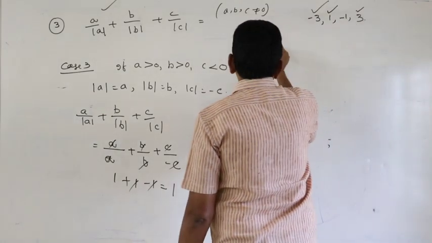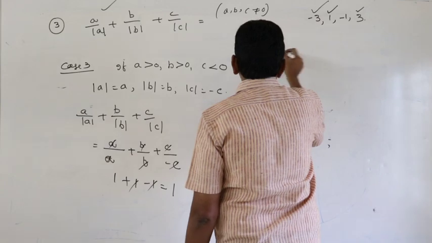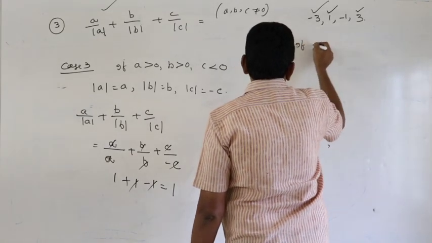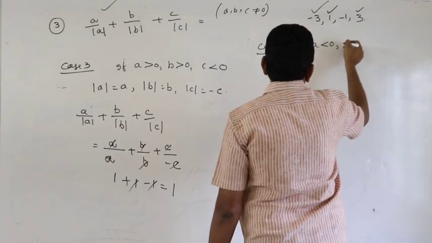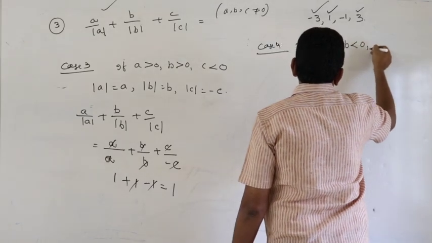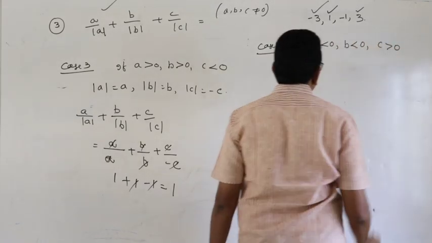Next, case 4. Any two are negative. That means, if A is less than 0, B is less than 0, and C is greater than 0.